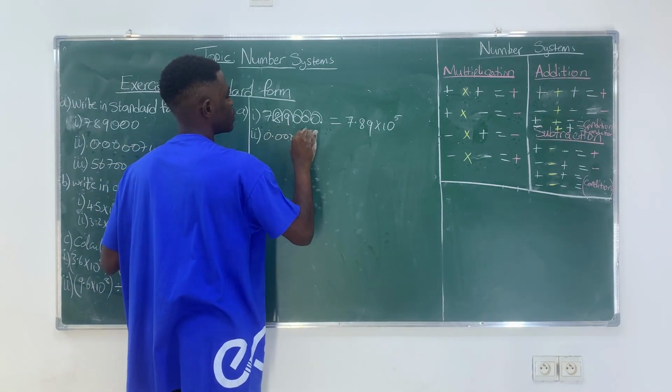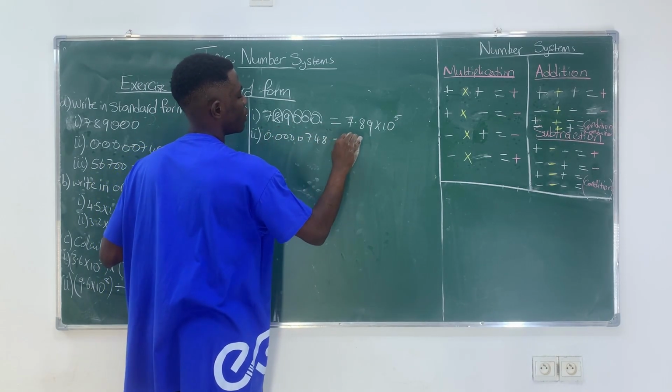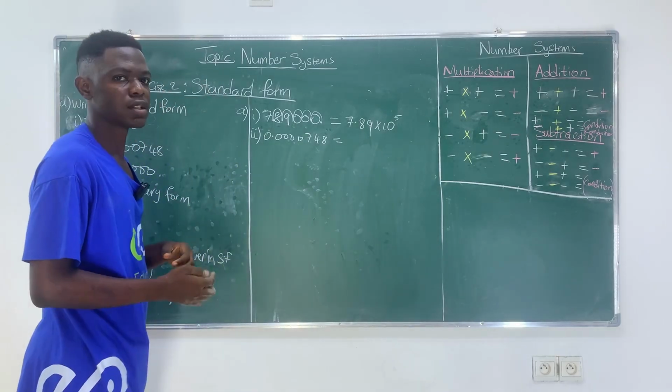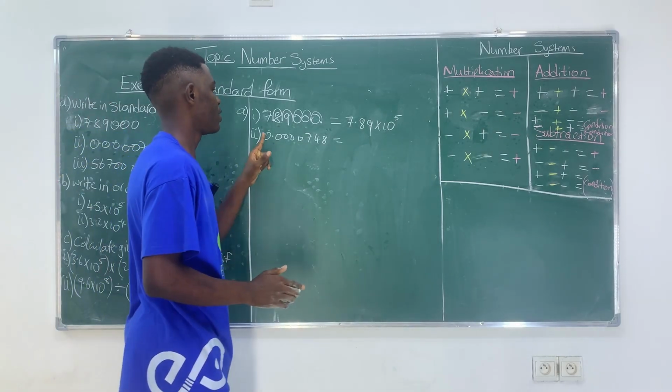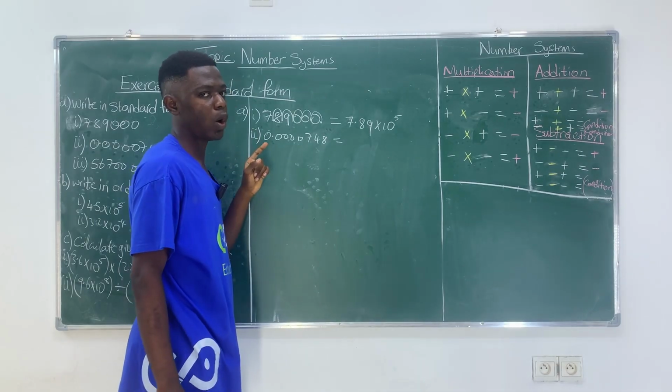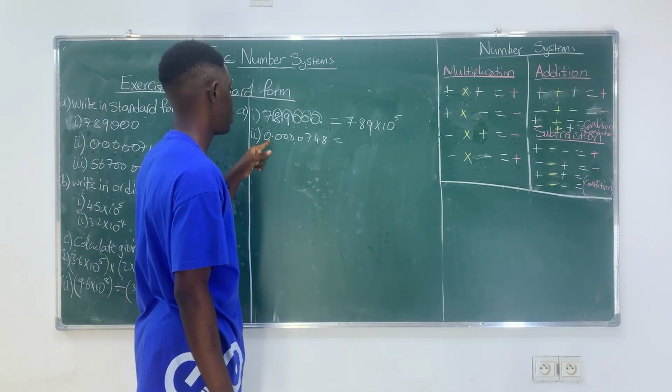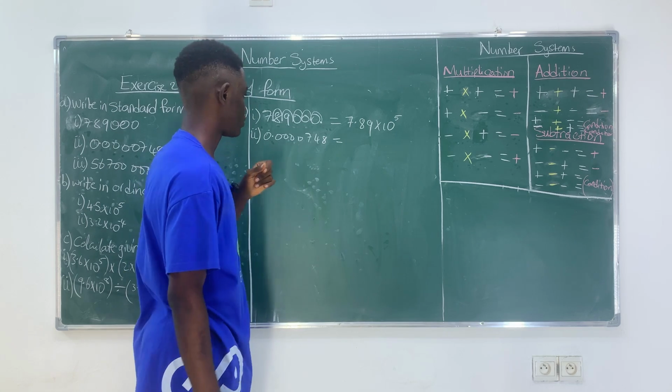Zero point 0.0000748. To put this in standard form, we already have our point, our full stop, our decimal point.